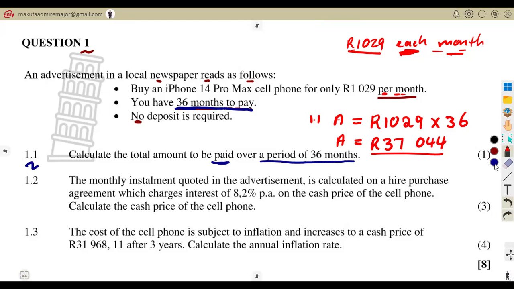That is what they are also trying to have you guys keep in mind. You must understand that. All right, let's move on. 1.2. The monthly installment quoted in the advertisement is calculated on a hire purchase agreement.